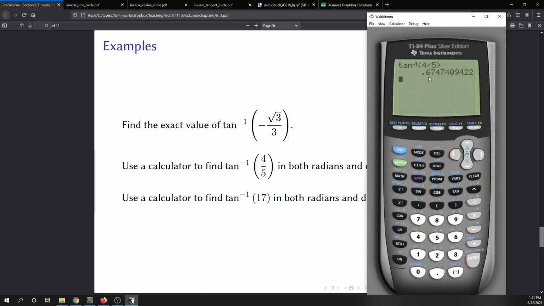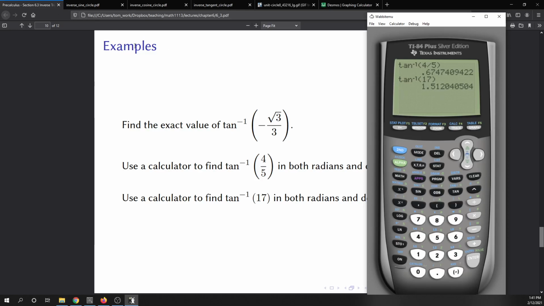And while we're in radian mode, let's do tan inverse 17. So tan inverse 17 would be 1.51 radians roughly, right? And now you can see, hey, cosine inverse of 17 and sine inverse of 17 were undefined, but tan inverse of 17, right, is defined.